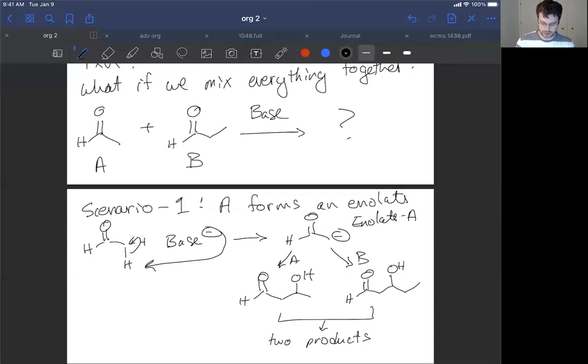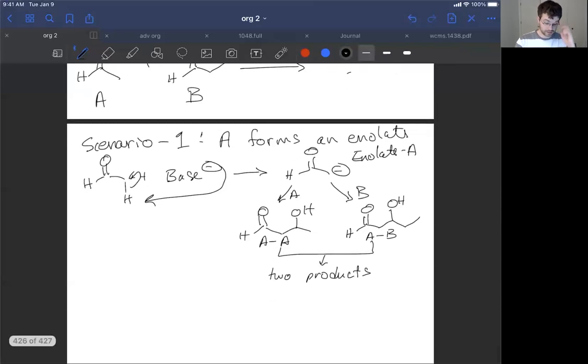I'm going to say enolate A reacts with carbonyl A. So I'm going to call that AA, and this is going to be AB. Now in scenario 2, B forms an enolate.